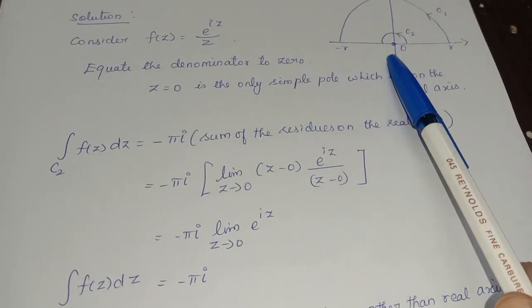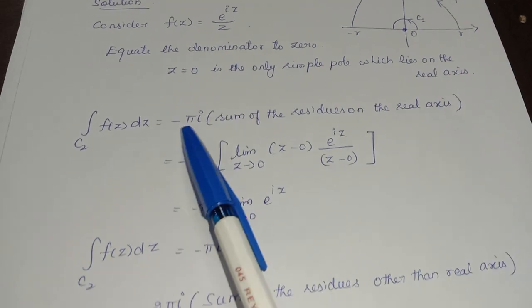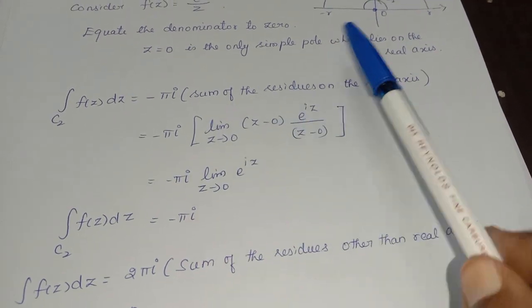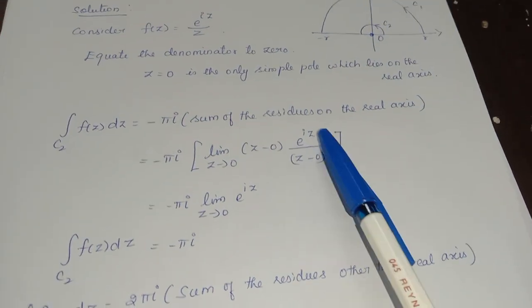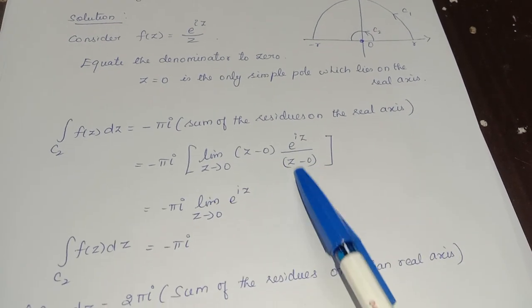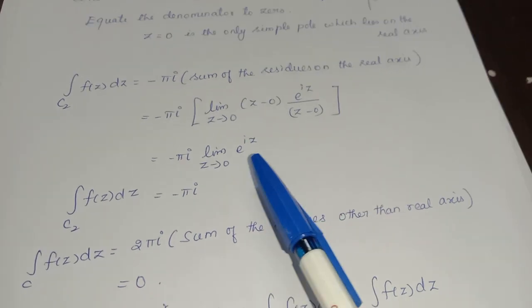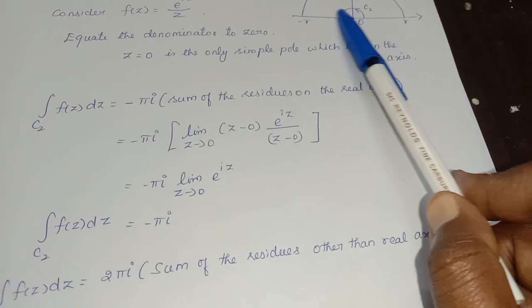So the integral over C2 of f of z dz, that is over the small semicircle, is equal to minus pi i into the sum of the residues on the real axis. What is the pole here? 0. So the limit as z tends to 0 of (z minus 0) into e power i z by (z minus 0). So the limit as z tends to 0 of e power i z, e power 0 is 1. So simply what we get is minus pi i. So we have evaluated C2.